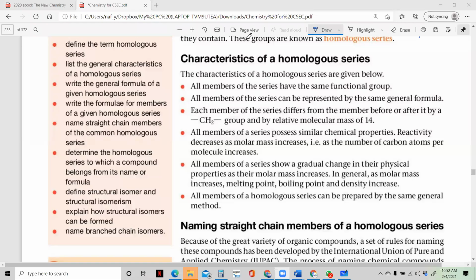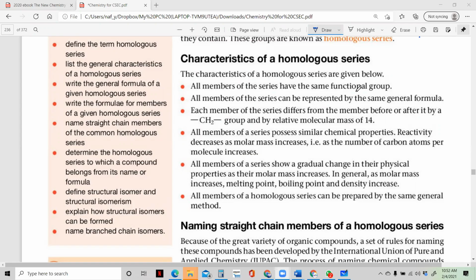It is the same thing now for your organic compounds. Once you're in this homologous series or this family group, you're going to have similar characteristics. So let's run through them. The first one is that all members in the same homologous group have the same functional group.